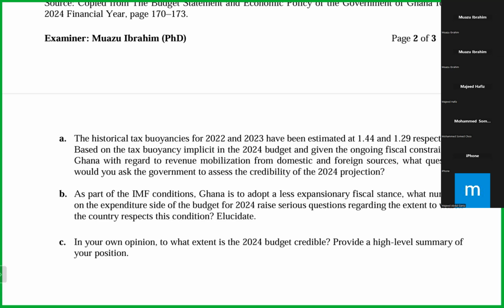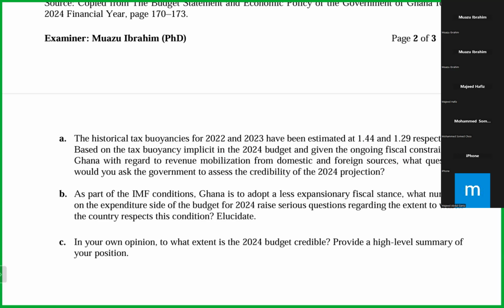So now, based on the tax buoyancy implicit in the 2024 budget, and given the ongoing fiscal constraint of Ghana with regard to revenue mobilization from domestic and foreign sources, what questions will you ask the government to assess the credibility of the 2024 budget projection?